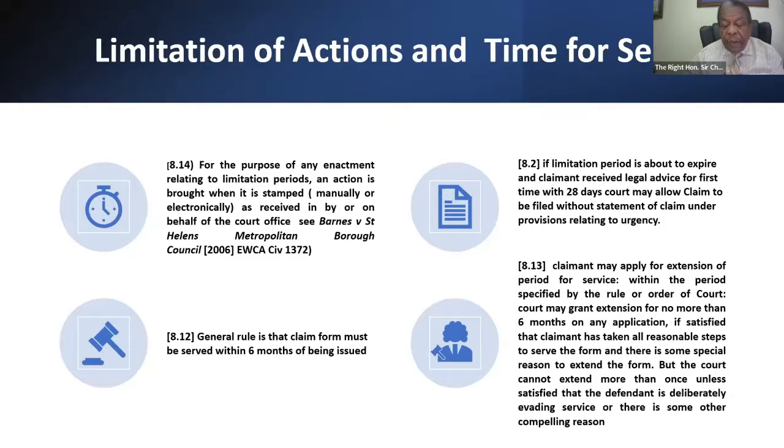So the court will permit some support to protect litigants from being caught by the limitation of actions rule. Next slide.